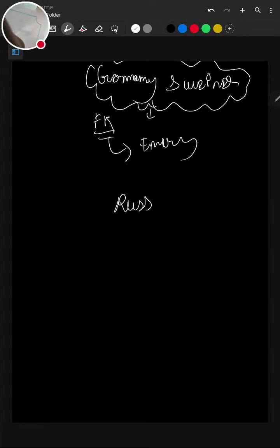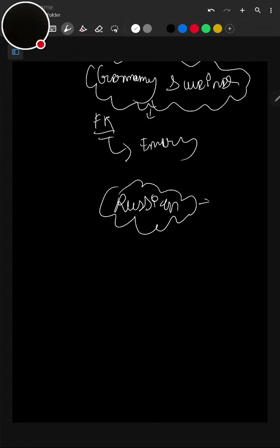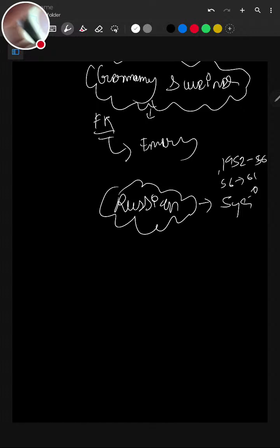So as you know, Russians love their duty and they like to do it for a 5-year tenure. So 5-year plans started from 1951 till 56. This is the first plan. Then 56 to 61, this is the second plan, and the third, then there's a break, I think.